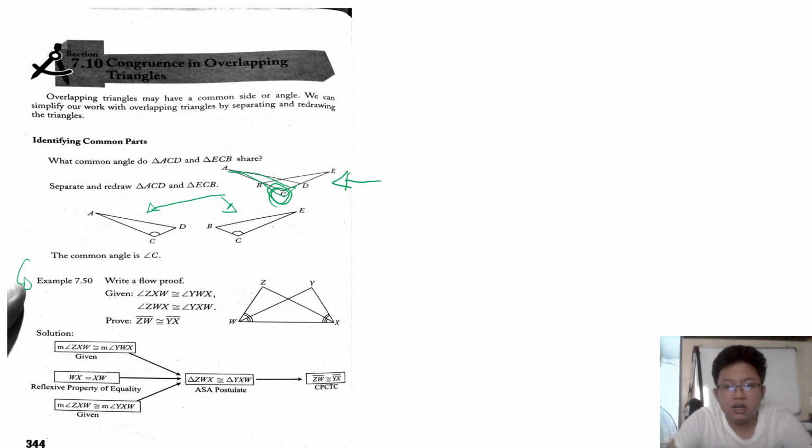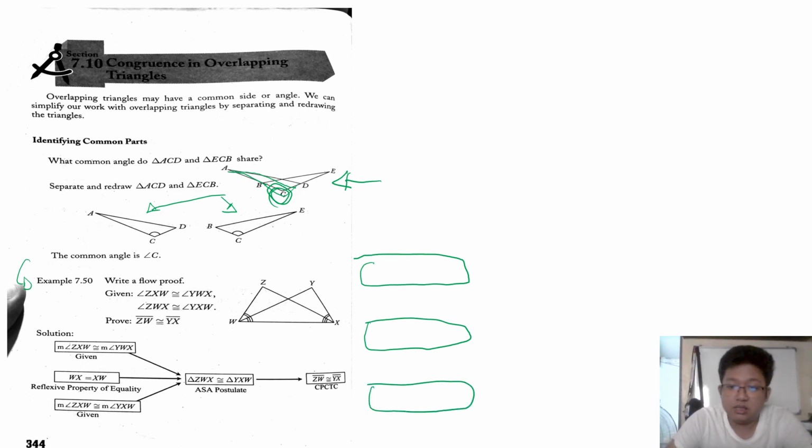You will just write the figures like this or anything you want. Then you will write here the statements, or the possible solutions. Then write down below the figure the reason for that particular solution. Okay? So let's start with this.